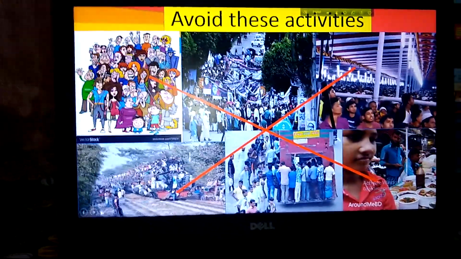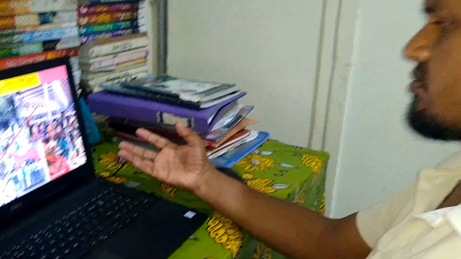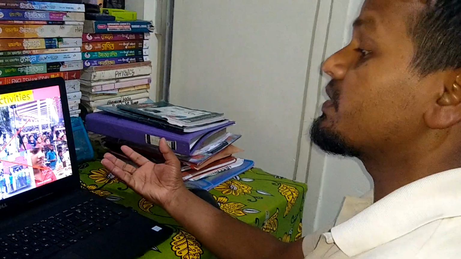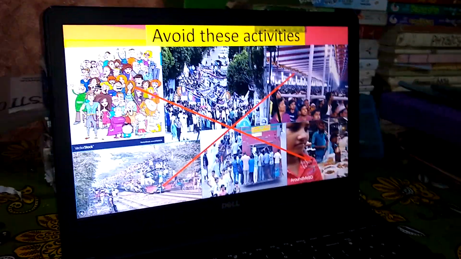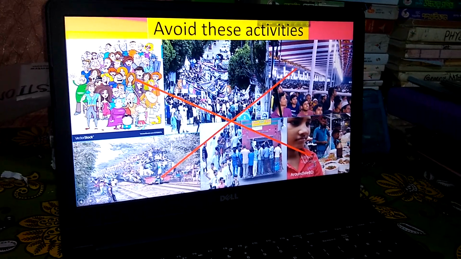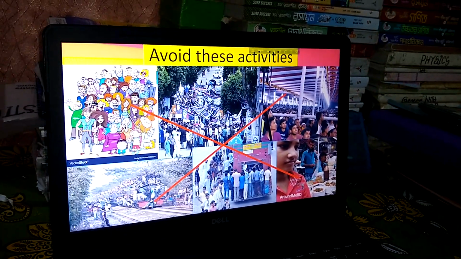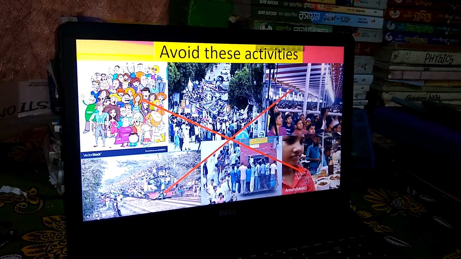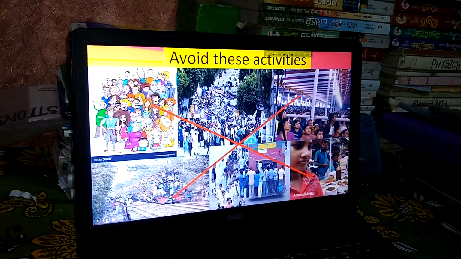They are not following any protective measures, anything to save themselves. This way it can spread more. So to keep us safe from this virus, we have to avoid these things. Actually, without avoiding these things, it's not possible to save ourselves.